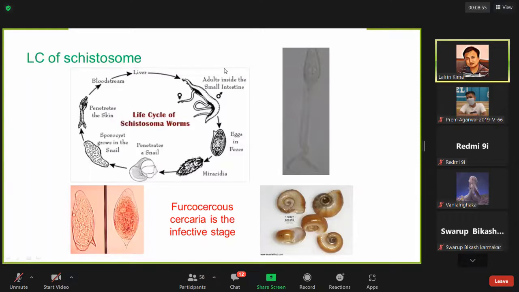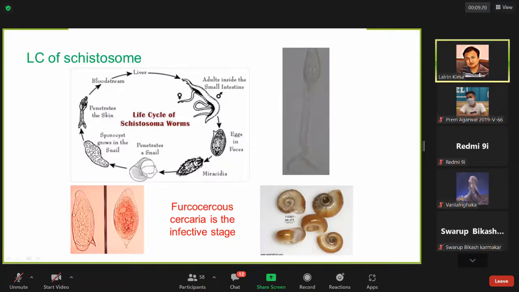If you want to handle a single life cycle and single pathogenesis of a single parasite, it is not possible. There could be at least 200 to 300 parasites in your course.